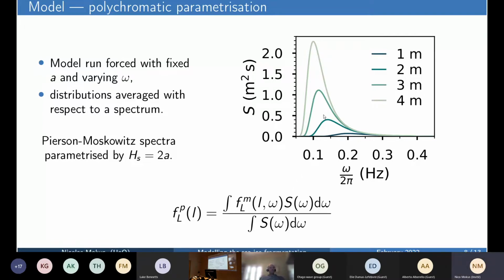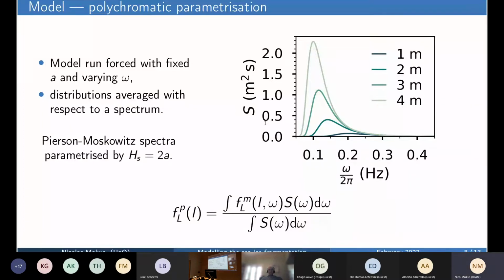When the wave height increases, the peak frequency of the spectrum shifts toward longer waves. And as we just saw, intermediate length waves are effective at breaking the ice.